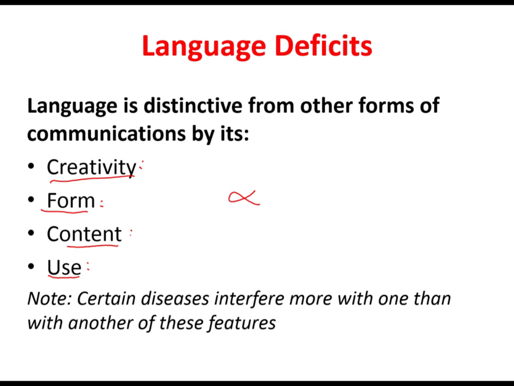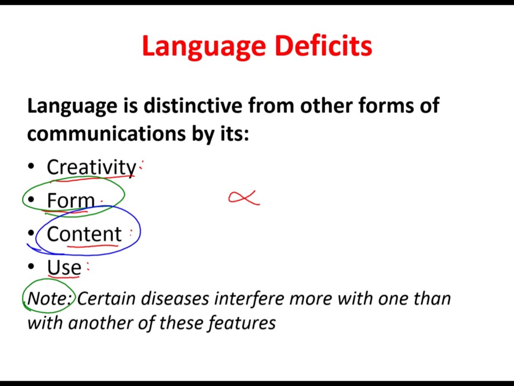Now, the note at the bottom is significant here, and we're going to see this shortly, that certain diseases interfere more with one than with another of these features. For example, form. If I go back to form now, form can be affected by diseases of the cerebellum, resulting in a dysarthria, an inability to articulate, or by lesions of the cerebral cortex, and we'll see it later on as Broca's aphasia.